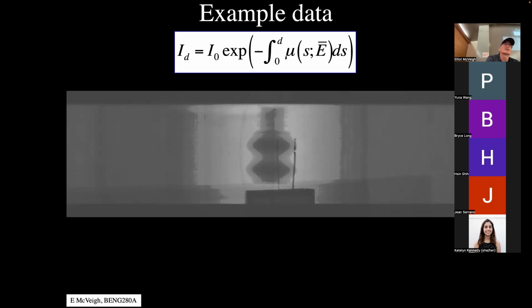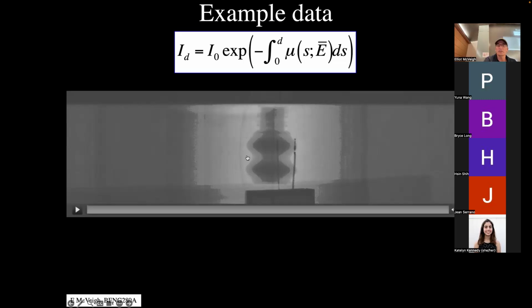So if you have a very high mu value, not many X-rays get through. If you have a low mu value, many X-rays get through. And so that's what mu is. It sits there, it's fixed. And then what we measure is the change in the intensity of X-rays at the detector.